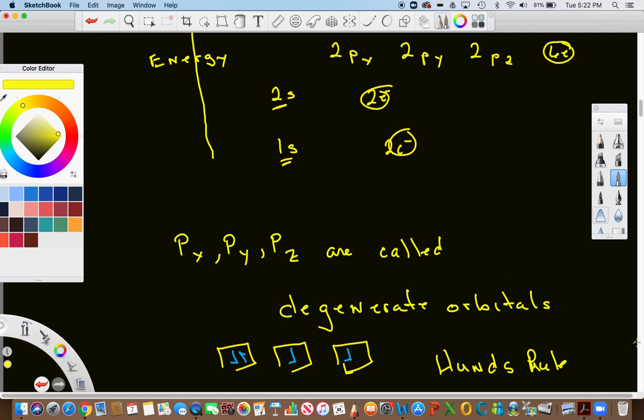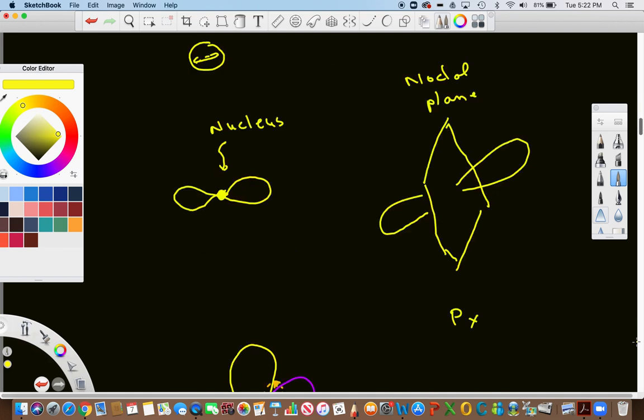So what is the shape of an s orbital? An s orbital is a sphere. The p orbital was our dumbbell. And in the middle where this node is, that is where the nucleus is located.